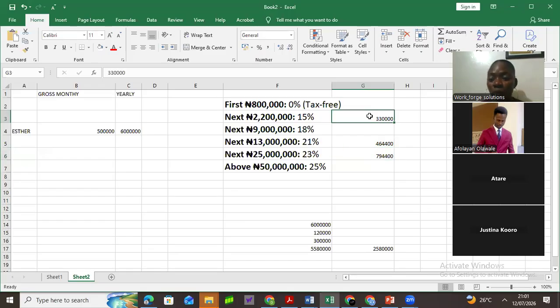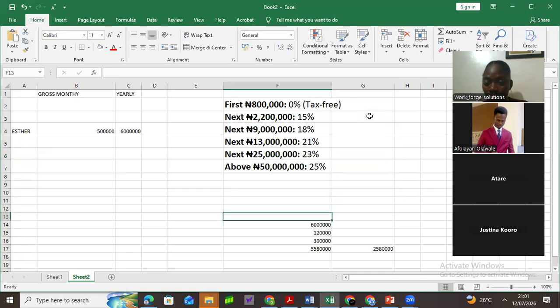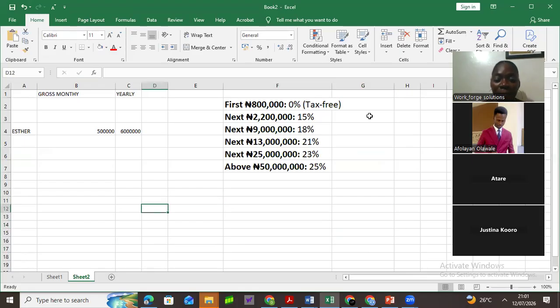I'm going to go over it again one more time. So an employee has a gross of, should we use the same figures or should we change the figure?